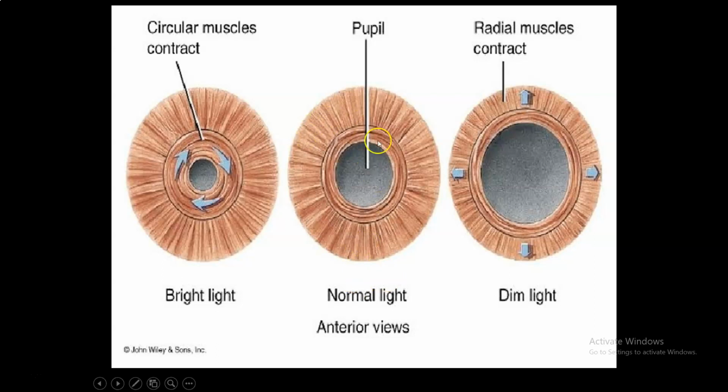In normal light, both are equalized, and in dim light, the sphincter pupillae is relaxed and the dilator pupillae, or radial muscles, are contracted, increasing the size of the pupil, and there is always harmony, synchronization, between the sphincter pupillae and the dilator pupillae. Bright light, constriction, sphincter, parasympathetic. Dim light, dilatation by the dilator pupillae, sympathetic.